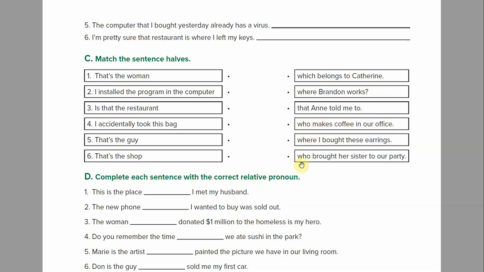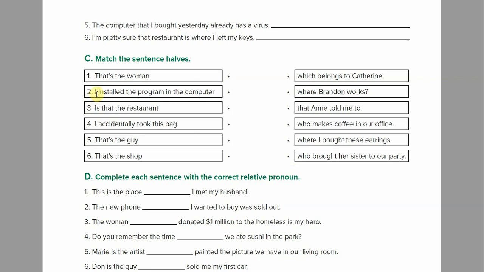That could work. But we have who brought her sister to the party. So her is referring to a female. So number one is that's the woman who brought her sister to our party. So that's how you do that.